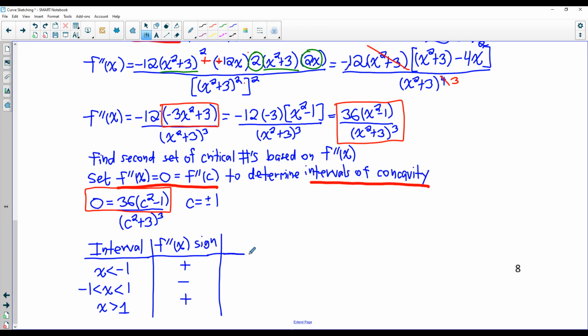Now, remember, the sign on f double prime of x tells me what the concavity is. So we can just summarize as follows. If f double prime of x in a specific interval is a positive number, it means that the graph is concave up in that interval.